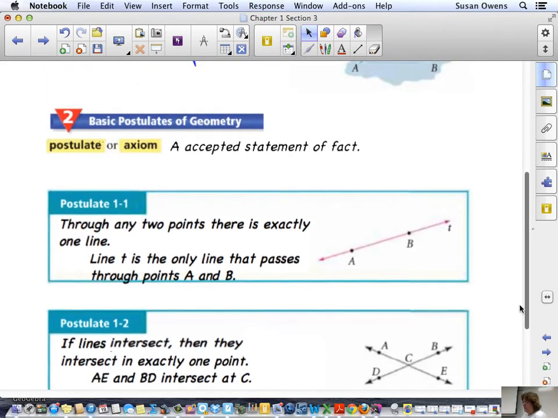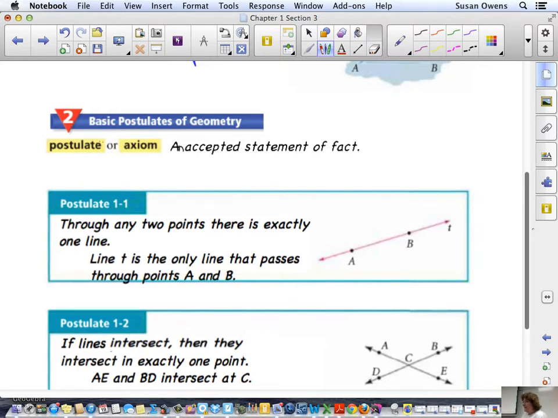I call them postulates, if you want to be crazy and call them axioms. It's an accepted statement of fact. The difference between postulates and theorems, which we're going to get to a little later, is that postulates are not provable. We have to accept them as a statement of fact. We want you to know if something's a postulate or a theorem because we want you to know if it's provable or not.